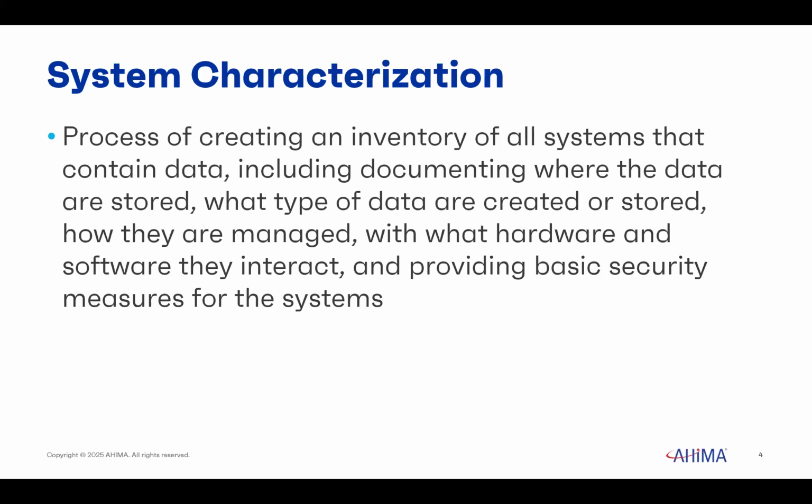So you can almost think of it as a mind map for your data. You're creating an inventory of all these systems, how they relate to each other, what they contain, how they interact. And when you do that, then you're able to provide basic security. If you don't even know what you have, you really can't provide basic security.